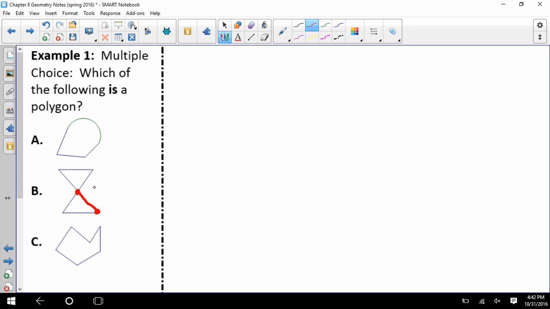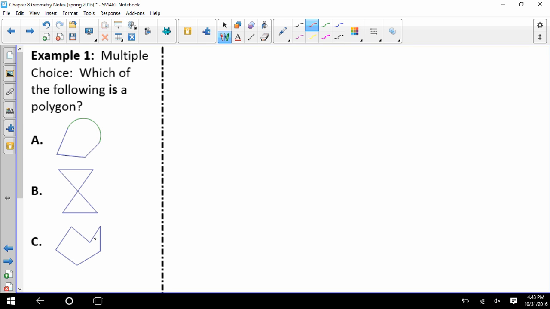So again, this is not a polygon because it violates that second piece, because if there's just one segment that you choose and it's touching more than just 2 other ones, then it is not a polygon. So B is out. So then that just leaves C.